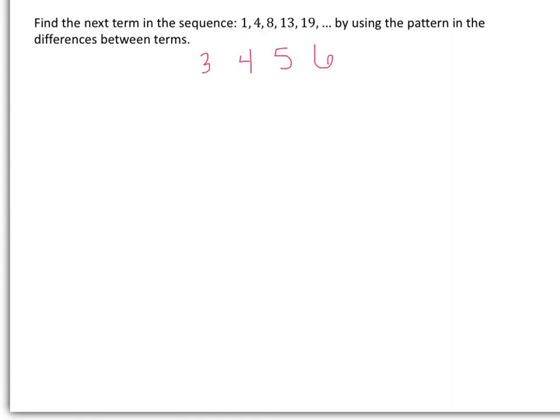So what we can do is say, because there's a pattern here in these differences, what I know is that to find my next term, I would have to add 7. So my next term is 26. We won't write a formula for this, but we can use this pattern to figure out what subsequent terms will be.